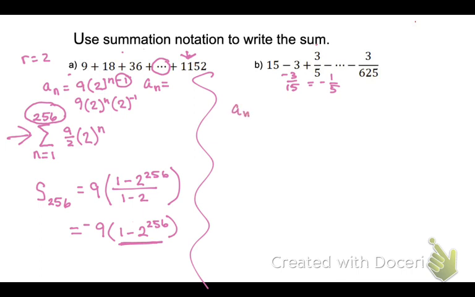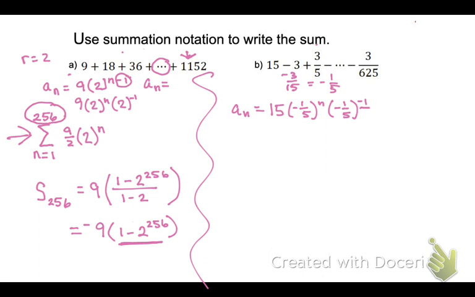A sub n equals, how about a sub 1 first? So 15 times negative 1/5 to the n, and I'm just going to put negative 1/5 to the negative 1, because that's the n minus 1, right? What does that negative 1 exponent do?